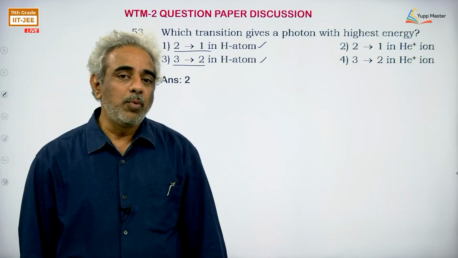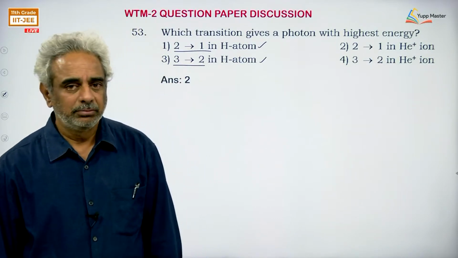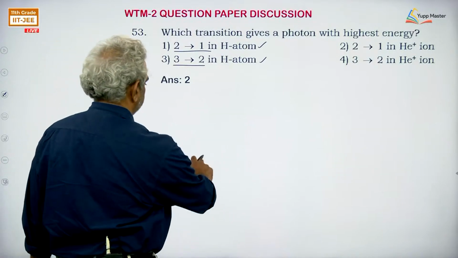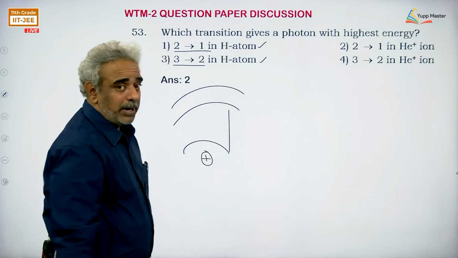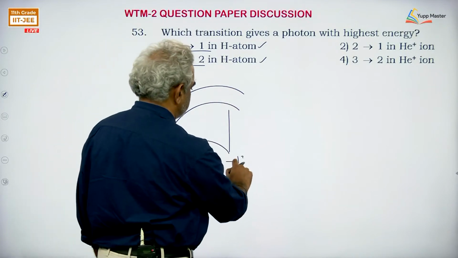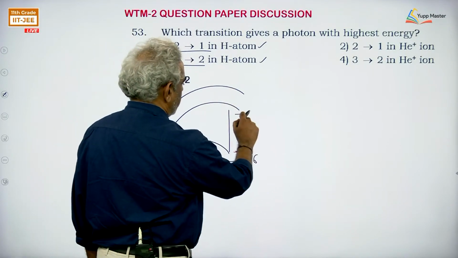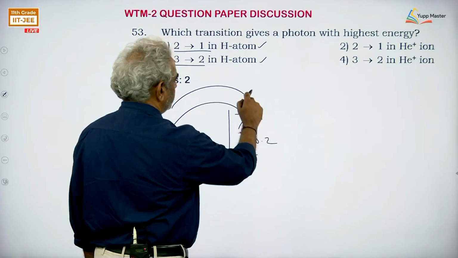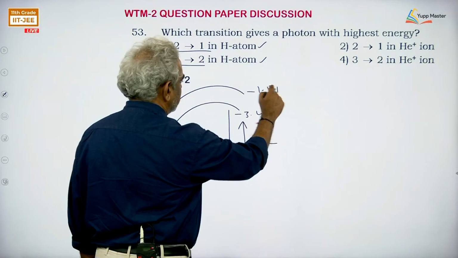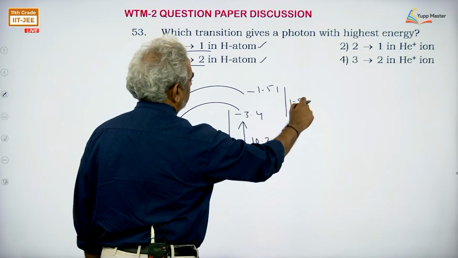So the more the gap, the more energetic the photon released. This is minus 13.6 and minus 3.4. What is the gap? 10.2. This is minus 1.51. What is the gap? 1.9.